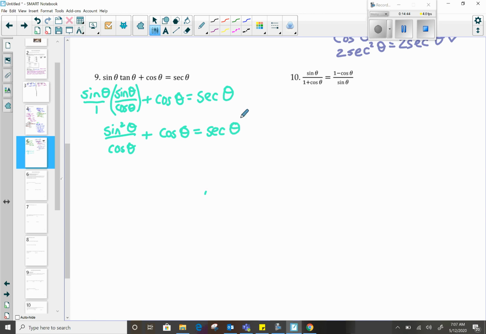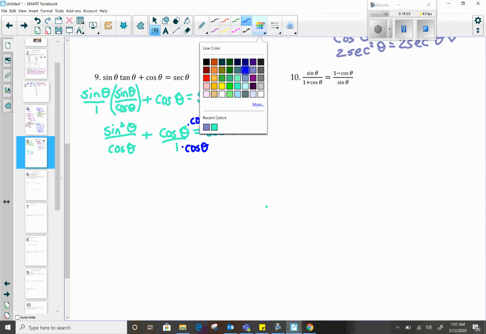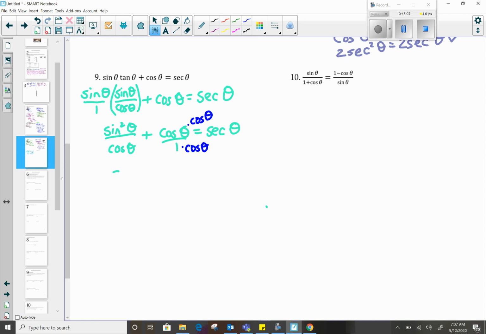Now, I'm adding something with a fraction, so I need a common denominator. So I am going to multiply. This one has cosine, so all I have to do is multiply this top and bottom by cosine of theta, in order to get a common denominator.